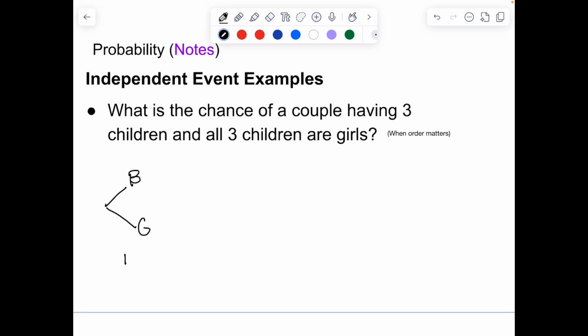So this is your first child. The second child could be a boy or a girl. And then the third child could also be a boy or a girl.